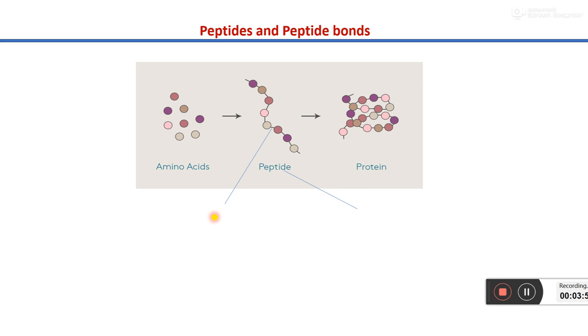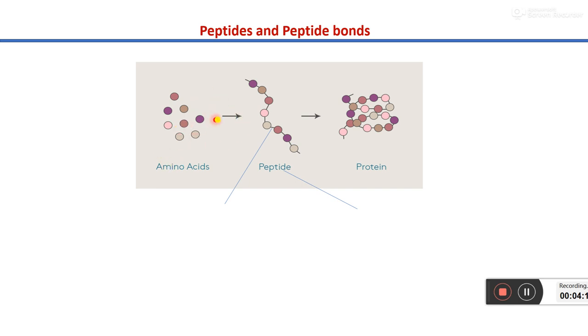Now I would like to talk about the polymers of amino acids, that are peptides and proteins. Biologically occurring polypeptides range from very small, consisting of 2 or 3, to very large, consisting of thousands of linked amino acid residues.